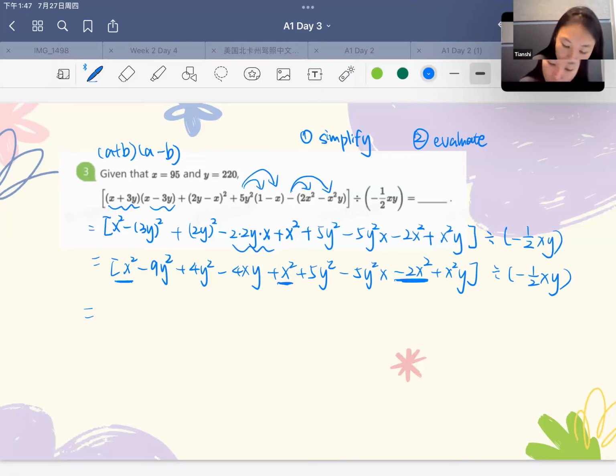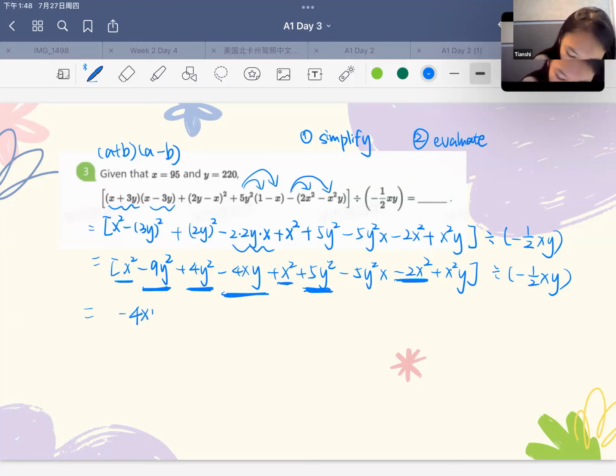And what about y squared? We have negative 9y squared and positive 4y squared and also positive 5y squared... so all the y squared also cancel out each other, which is great. And let's see what the like terms are for negative 4xy. Actually, negative 4xy does not have any like terms, so we just leave it.